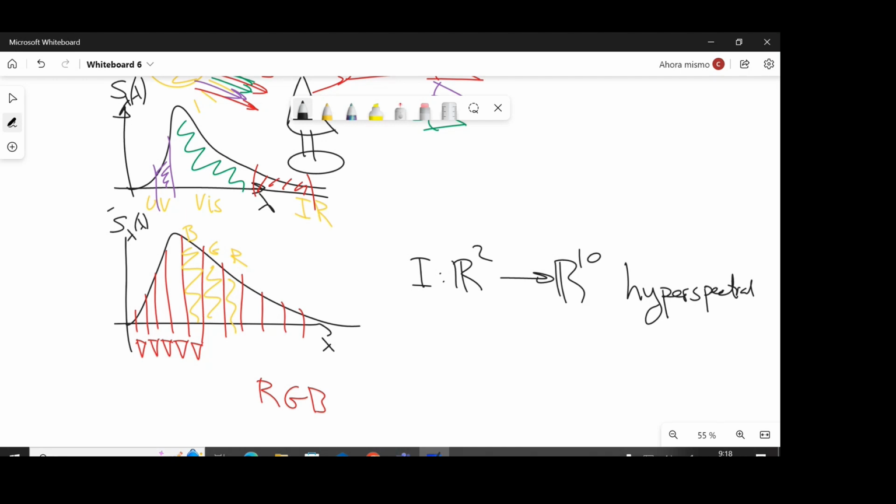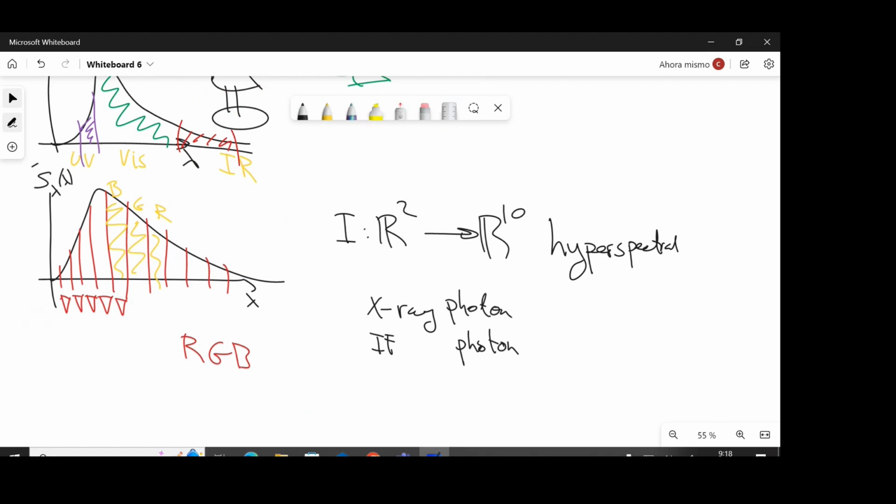Let's say we have an X-ray photon. We have an infrared photon. Which of the two brings, yeah, actually this gets very interesting. Which of the two brings more energy? Which one?